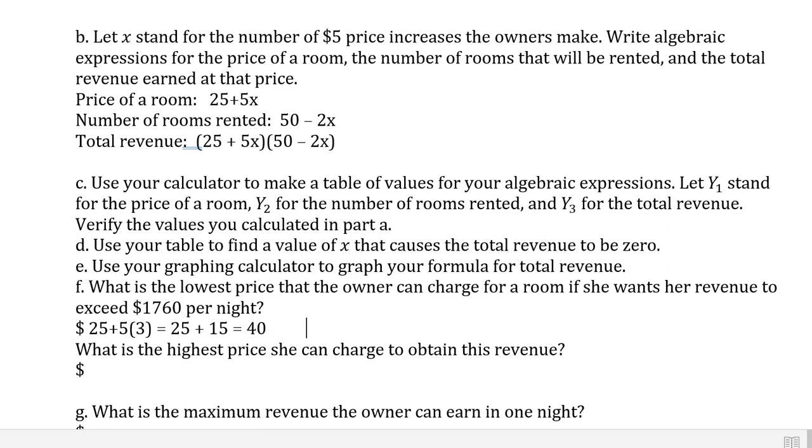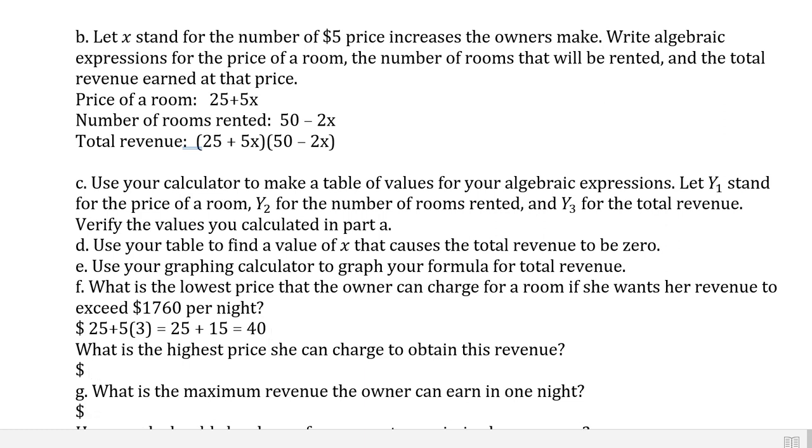Okay, the other option is the highest price that she could charge, which was after 17 increases. So 25 plus 5 times 17 is 25 plus 85, or $110.